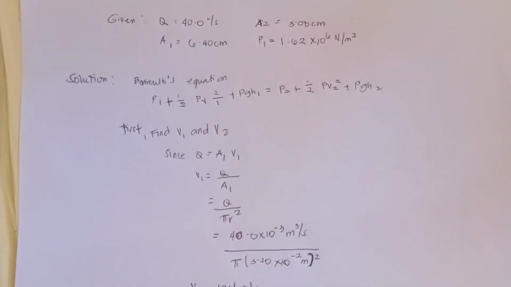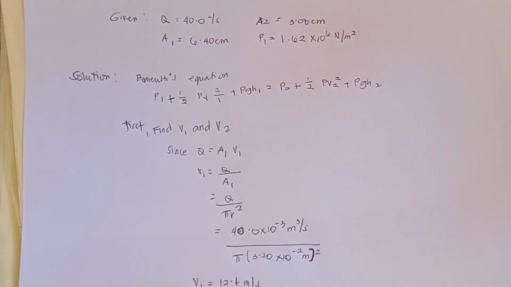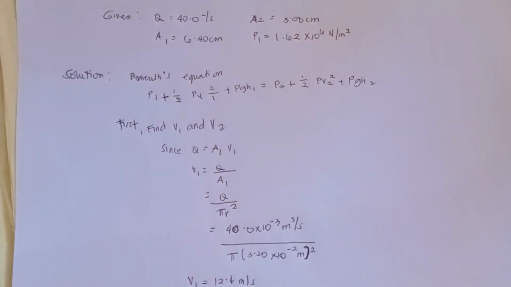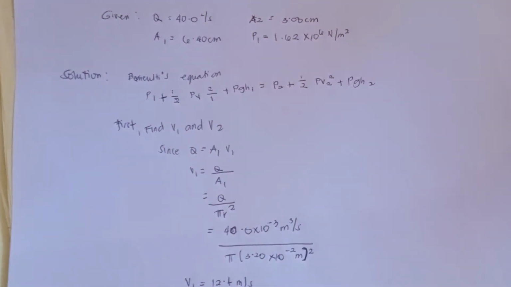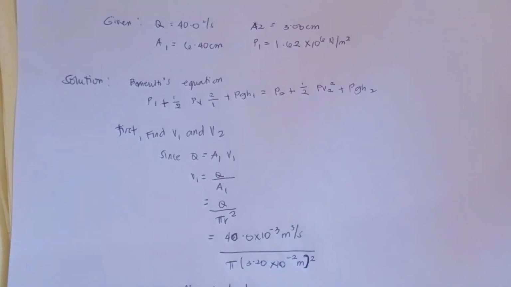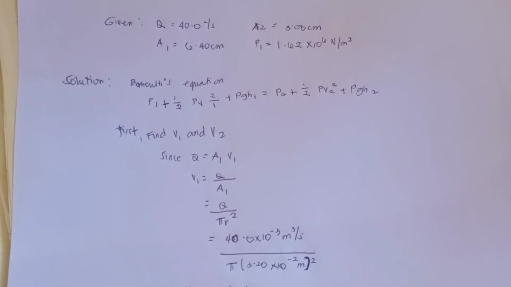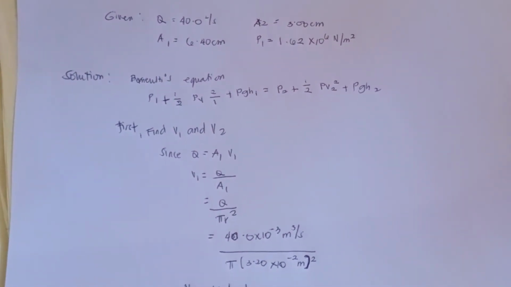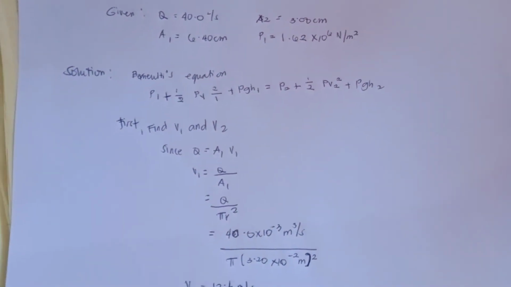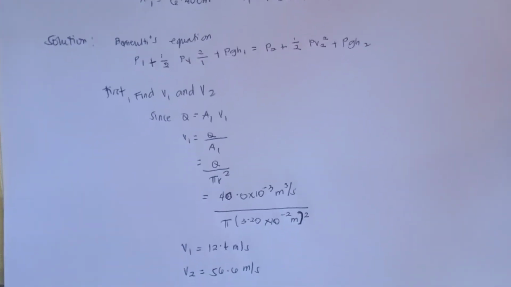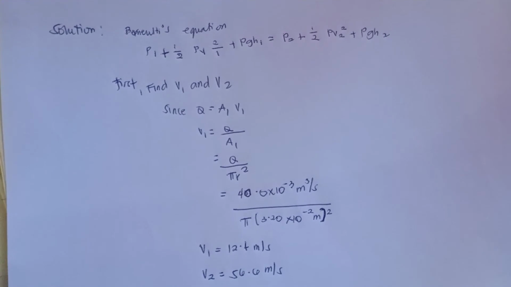Solution by the Bernoulli equation: P1 plus 1 half rho V1 squared plus rho g h1 equals P2 plus 1 half rho V2 squared plus rho g h2. So first find V1 and V2.